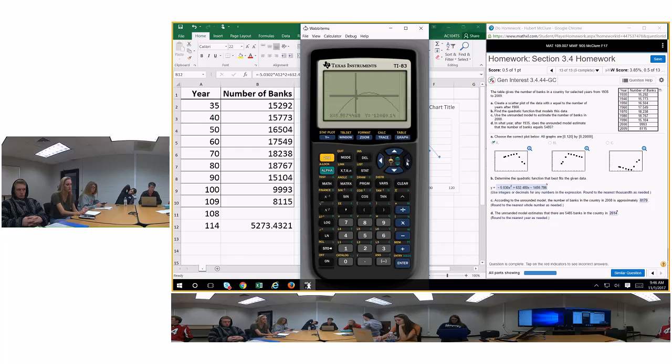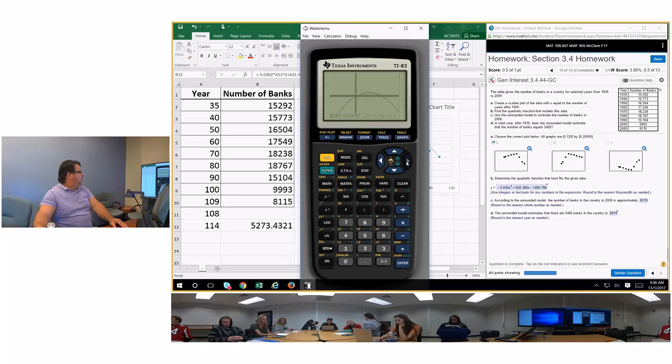Then make a box around the two intersection points. One there on the left, one right about there. And as you can see, y is equal to 5,485 hits in 1912, and then it hits right here.